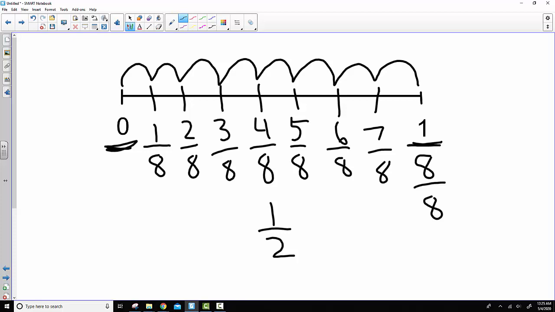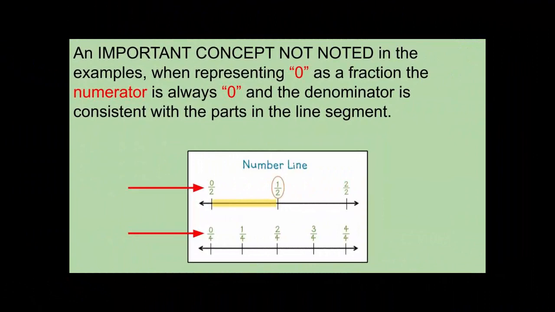So your first and foremost job every time is to determine how many parts are in that line segment. Before we conclude today's lesson on representing fractions on a line segment or number line, an important concept is representing 0 in fractional form as well. The numerator will always be a 0, and the denominator will be the number of parts that are determined in each section or between the whole numbers on a number line.